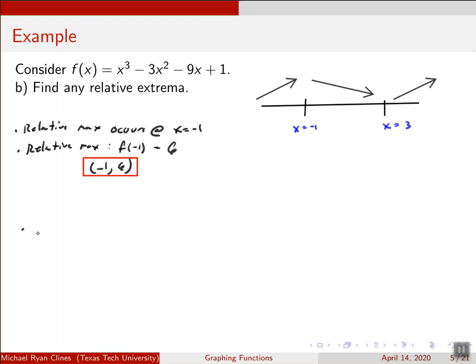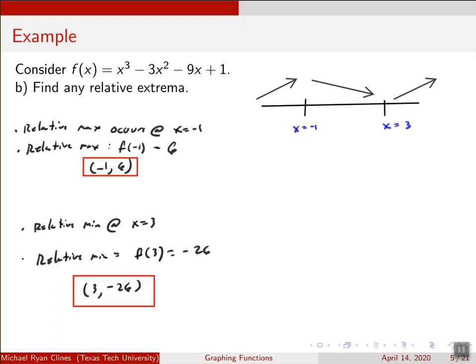So we have a relative minimum at x is equal to 3, and the relative minimum is equal to f of 3, which is equal to -26. So we have a relative minimum at (3, -26).